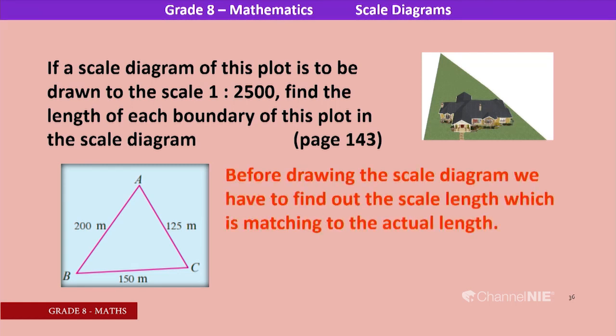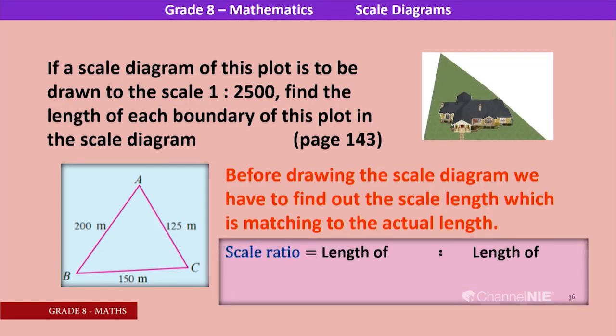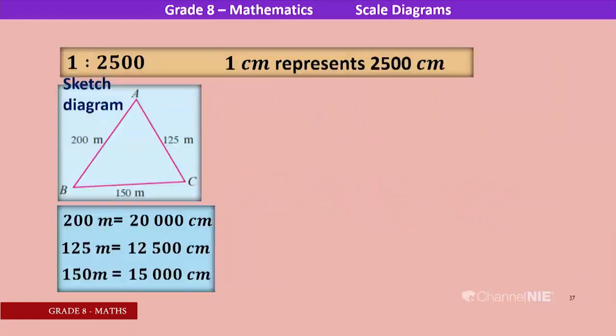The same thing, before drawing the scale diagram, we have to find out the scale length which is matching to the actual length. You can match now. Scale ratio, length of scale diagram, length of actual diagram, 1:2500.